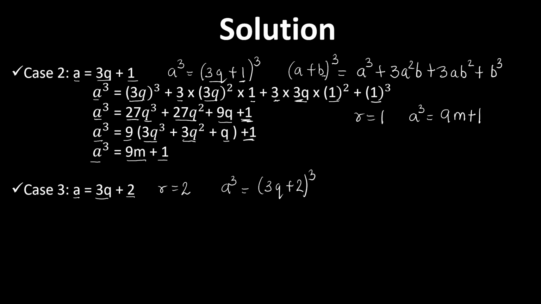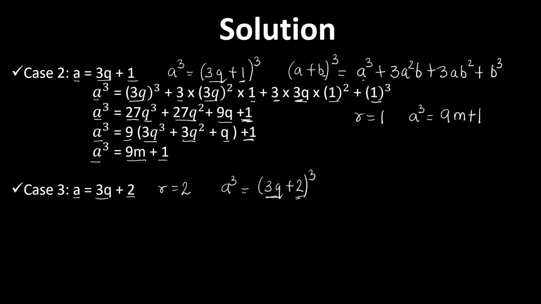Now, how to expand it? Again, we will be using a plus b whole cube identity, which is a cube plus 3a square b plus 3ab square plus b cube. Now, here if we will compare a plus b whole cube with 3q plus 2 whole cube, wherever we have a, we will be writing over there 3q, and wherever we are having b, we will be writing 2 in that place.